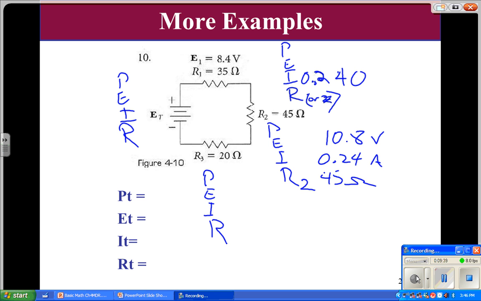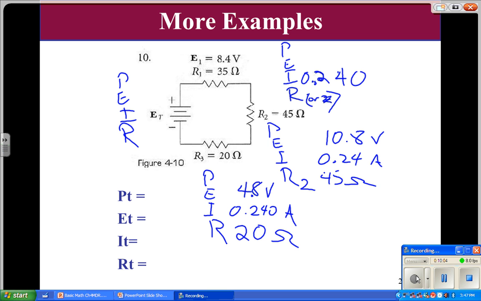We know we have 20 ohms here, and we know that we have 0.24 amps. And again, we're going to multiply up. And we have what? Is that 48 volts or 4.8? 4.8 volts. Okay.